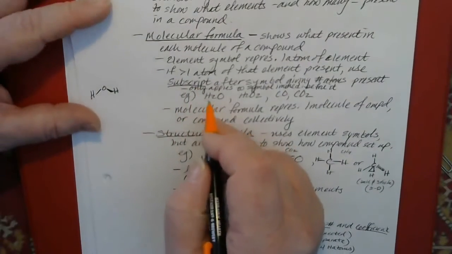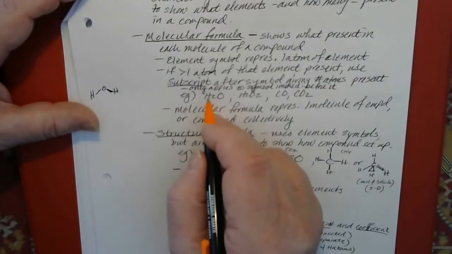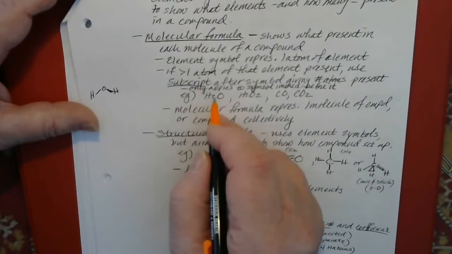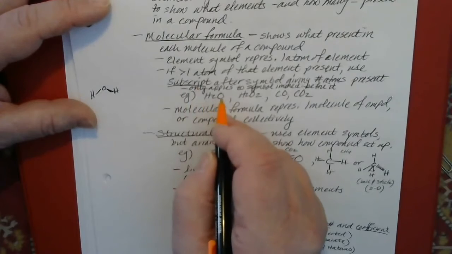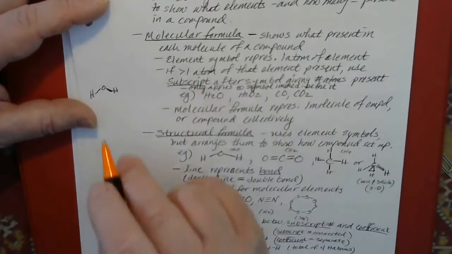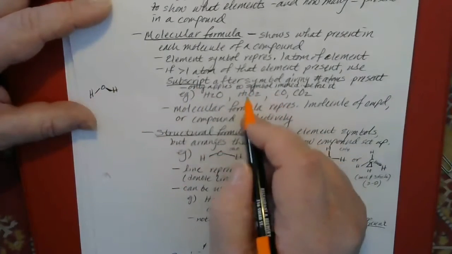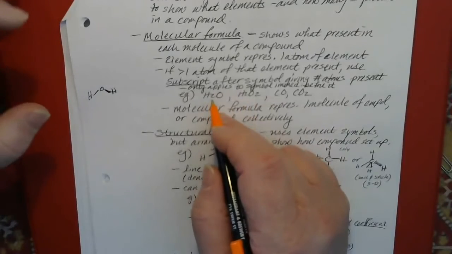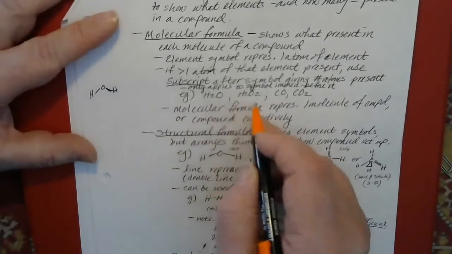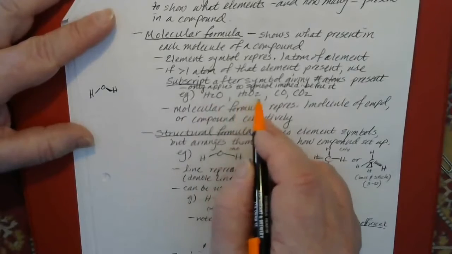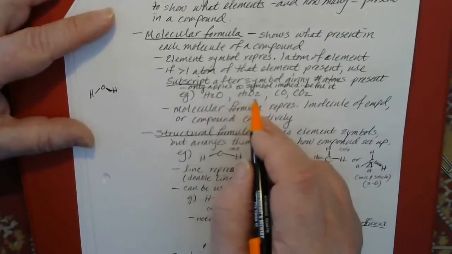So anyway, H2O has 2 atoms of hydrogen in it. That 2 only applies to the H, the symbol right before it, and 1 atom of oxygen in each molecule of the compound. If you want to convey that there are 2 atoms of hydrogen and 2 atoms of oxygen in each molecule of the compound, then you would write it like we write the formula for hydrogen peroxide, H2O2.